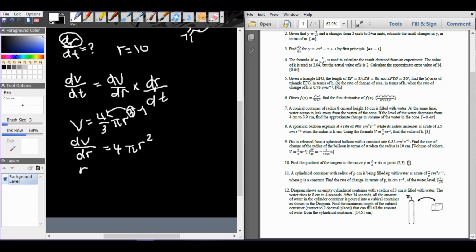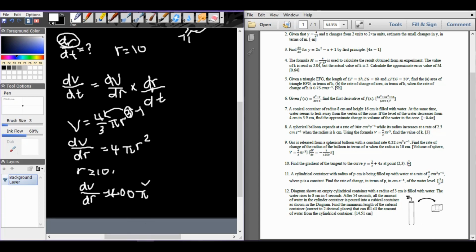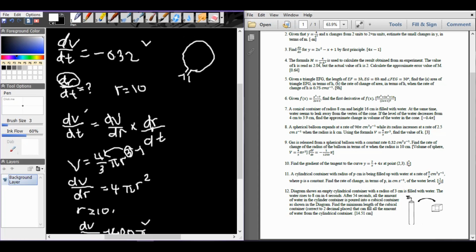When r equals 10, dV/dr will equal 4 pi 10 squared. Then we have 400 pi. So we have dV/dr, and also dV/dt is given.